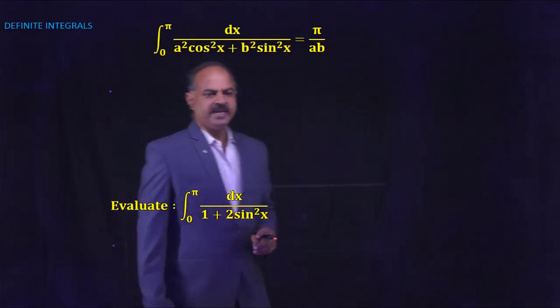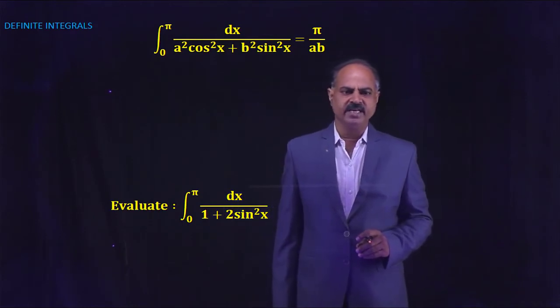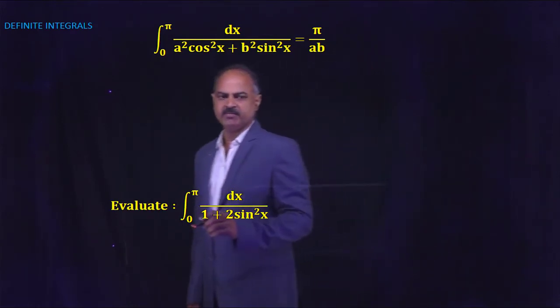Integral 0 to pi dx by a square cos square x plus b square sin square x equal to pi by ab.